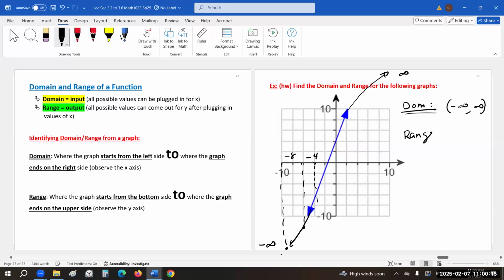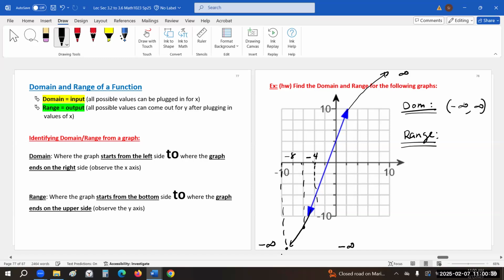Similarly, range. Since the line is going on forever, observe the y values. This point has y value here, -2. This point has y value here, -10. As the line goes on, what is happening to the y values? They are getting smaller and smaller and smaller.